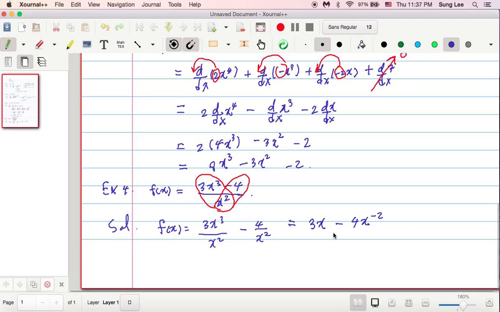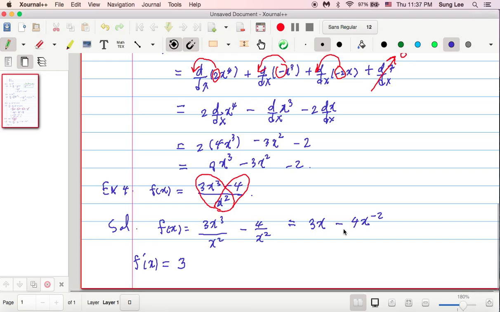That's exactly it. So here f prime of x equals, right? We're going to do the same thing. This time I'm not going to do it step by step like I did in the previous case. That's going to be what? 3 times the derivative of x using the power law, that's going to be 1.